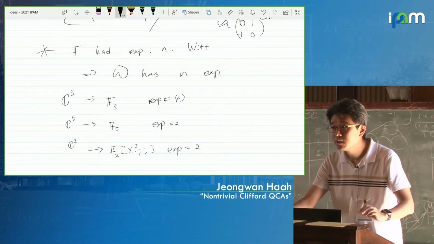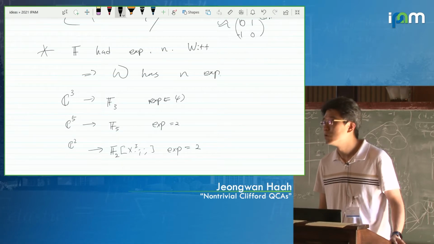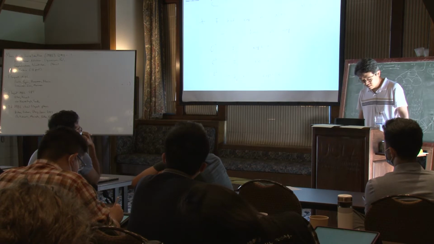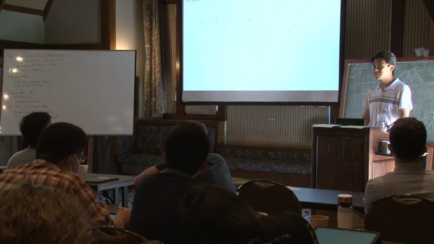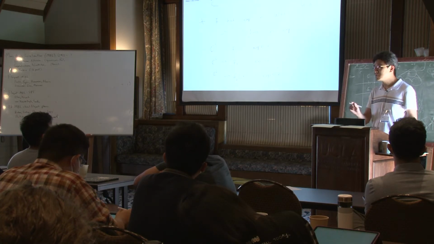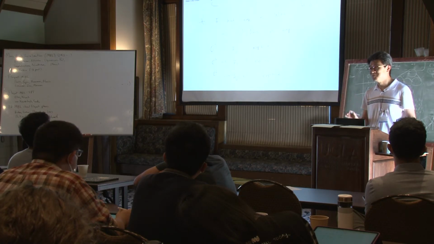What's the exponent otherwise for F2? Oh, I actually don't know the proper answer. Honestly, I didn't study the Witt group over the binary field, characteristic 2.